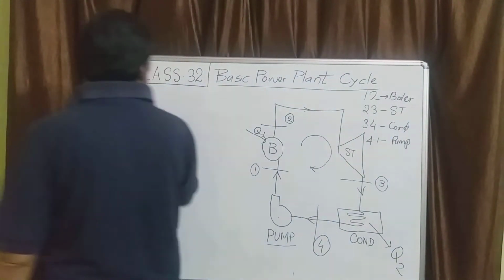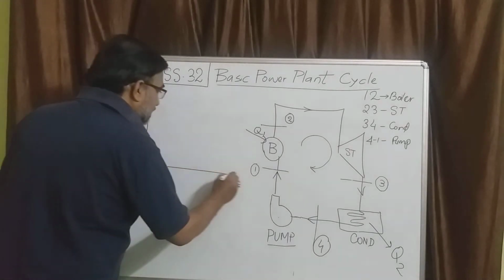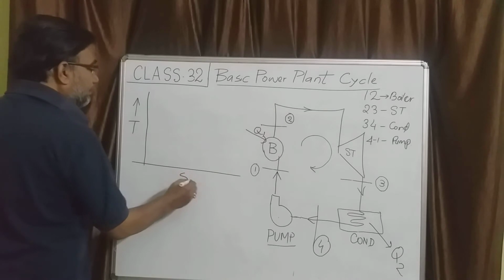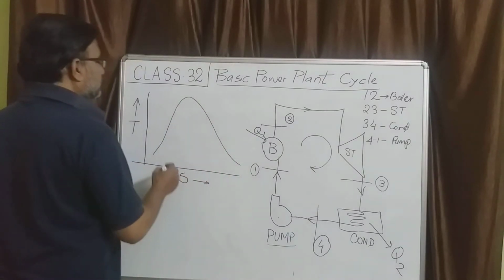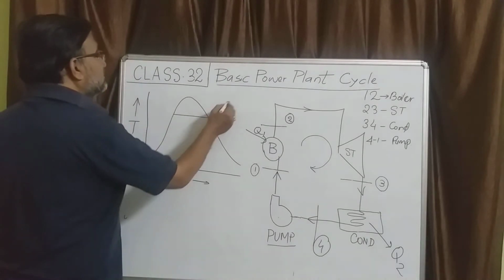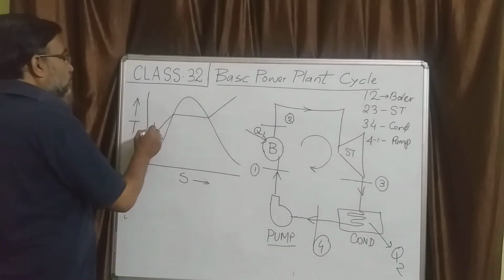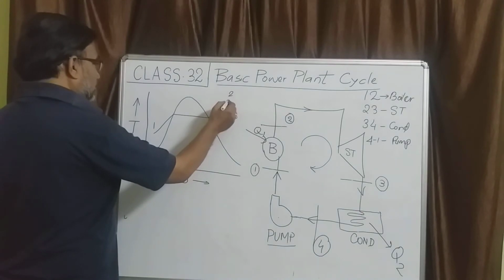So if you plot this in the TS diagram, in the TS diagram you have the dome. Now the heat addition in the boiler is like this, because it is high pressure. Okay, so let me tell you, 1 to 2 is the heat addition in the boiler.